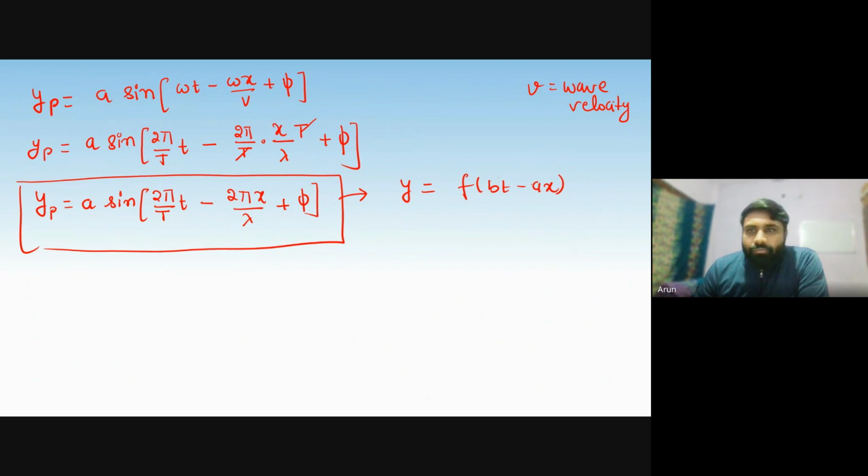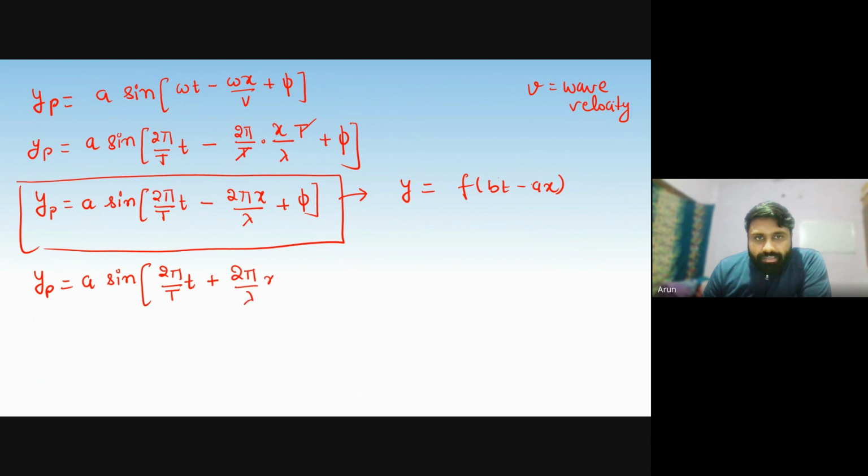Now various forms of wave equation you can write. If the wave is moving in negative x direction, so what will happen? This will convert to the same sign: 2 pi by capital T into small t plus 2 pi by lambda into x, plus phi.